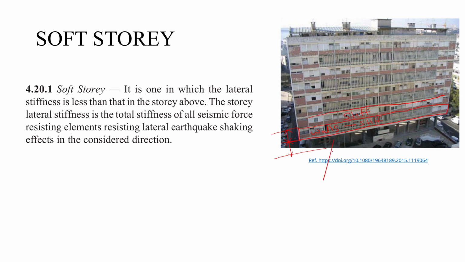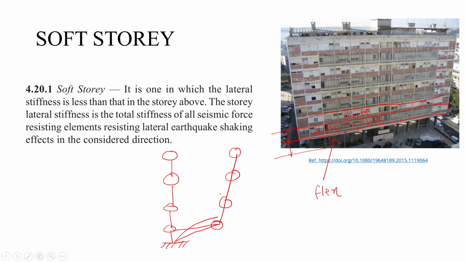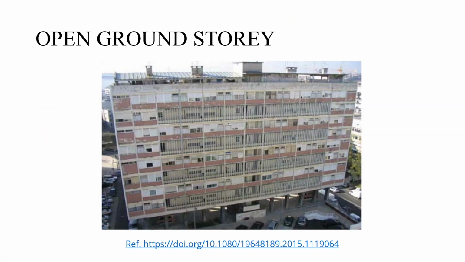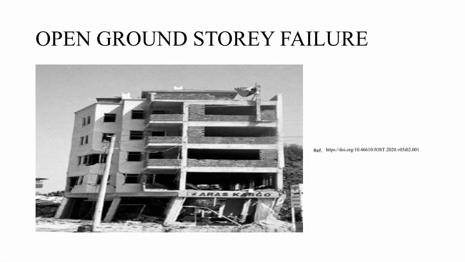As you can see, there are no walls here, so that story is a little flexible, and because of this flexibility this story gets a very large displacement. Because of this very large displacement, as you can see in this picture also, the members get stressed, and because of that our structure fails.